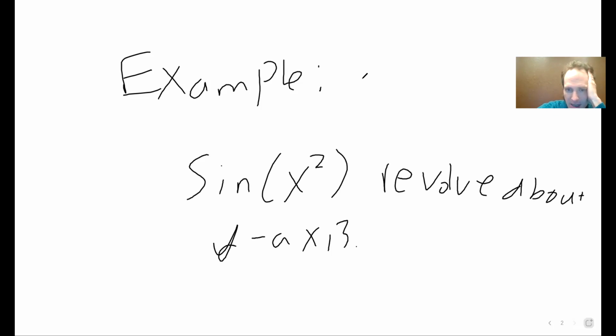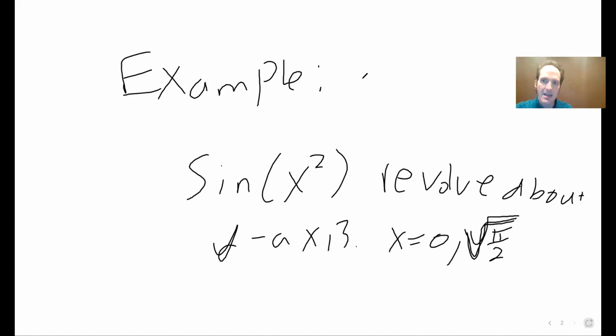And I might even take x from 0 to the square root of pi over 2. That way it's going to be from the bottom of one period of this sine up to the top of one period. So 0 to 1, and then we go from there.